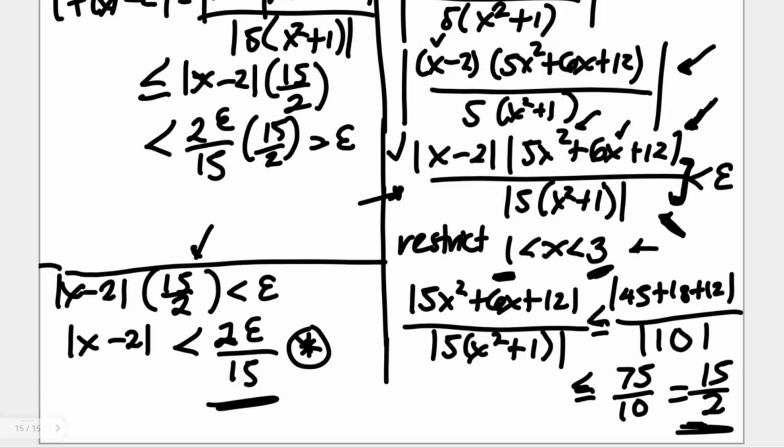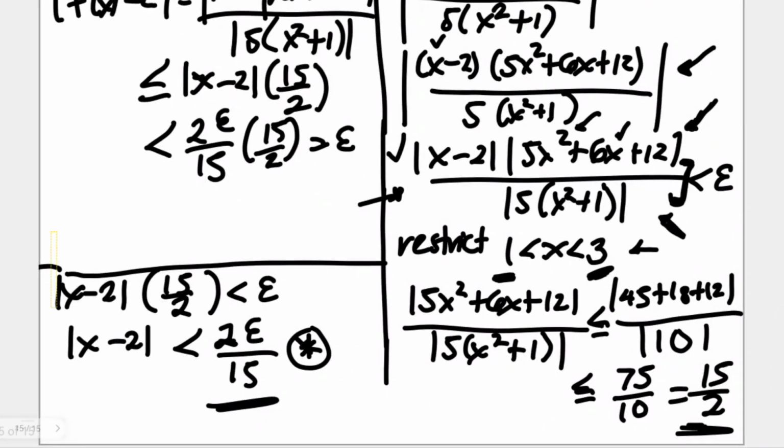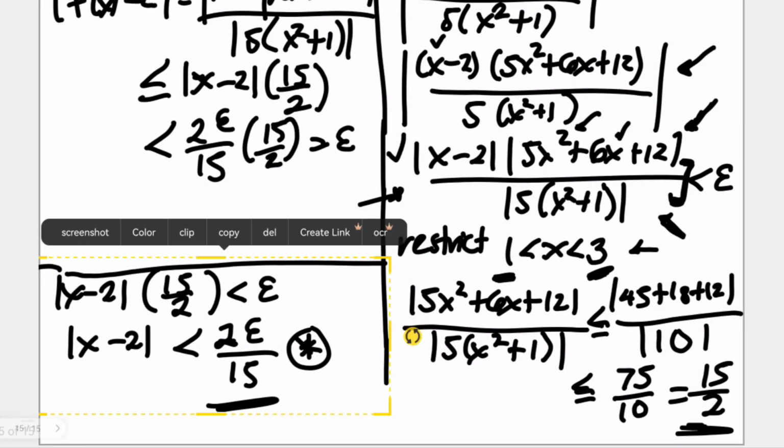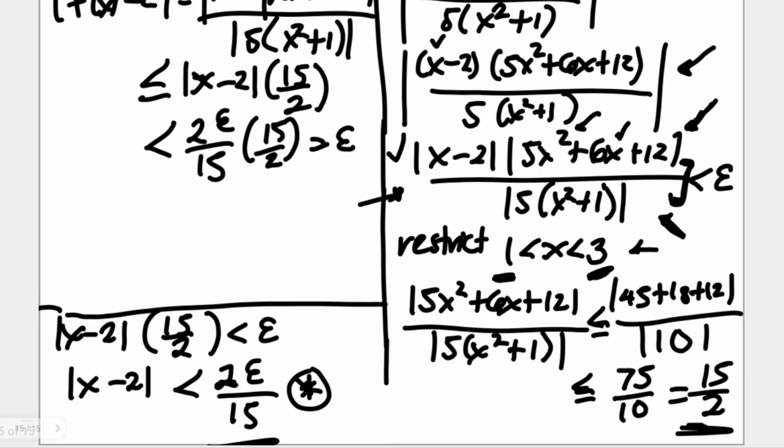Finally, we're able to establish that. Let me move all of this here, so that we could come up with our final statement. Hence, the absolute value of f(x) minus L is less than epsilon.